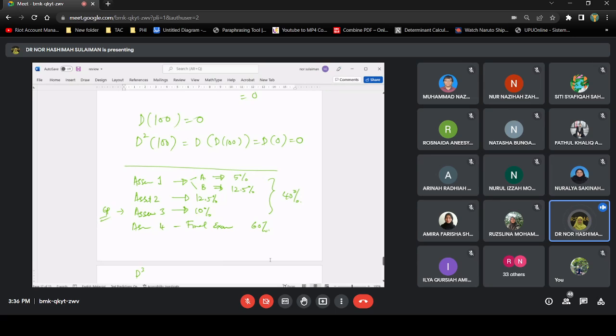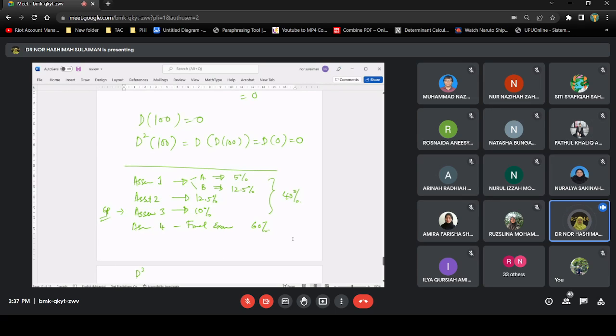So you just need to contact me personally. Ada soalan nak tanya tentang ini? Senyap semua. Khalid, nak tanya apa Khalid? Tak ada rasanya. Rasa dah kira-kira dalam kepala tu, kira macam kira duit kan. Kira berapa dapat markah ni.